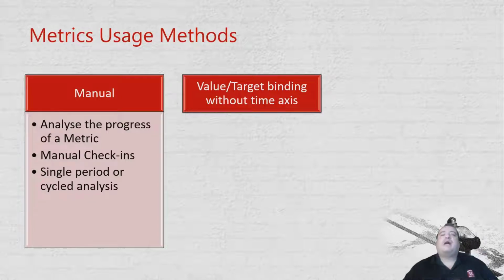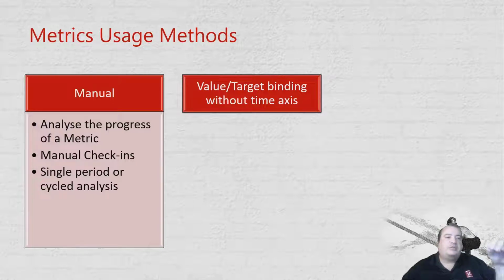We can bind the value and target to a specific report. But when we bind the value and target to a specific report, we may make this binding using a time axis. For example, we will choose a value in the report which repeats every month.